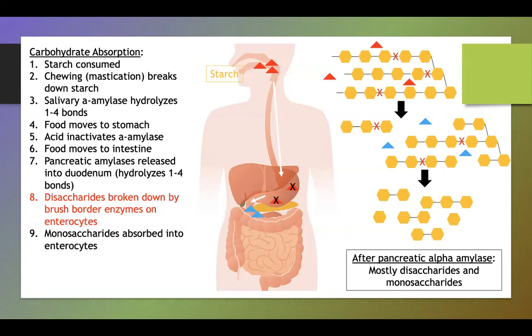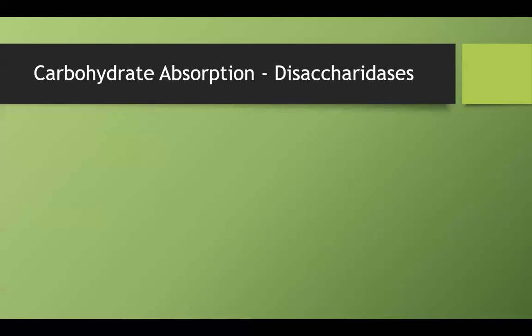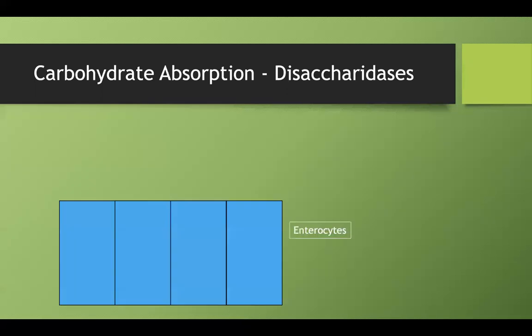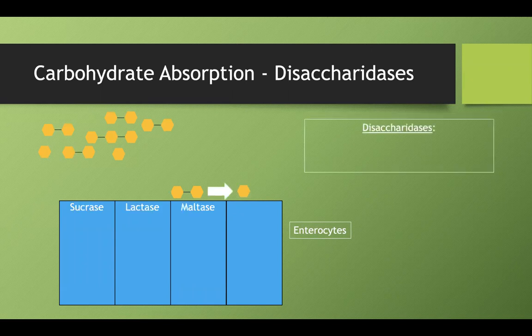So let's talk about some of the disaccharidases, or the enzymes that can break disaccharides into monosaccharides. If these are enterocytes on our small intestine, we have some sugars that are coming in, and the disaccharides can't freely go in, but we have enzymes called disaccharidases that can break these disaccharides into monosaccharides.